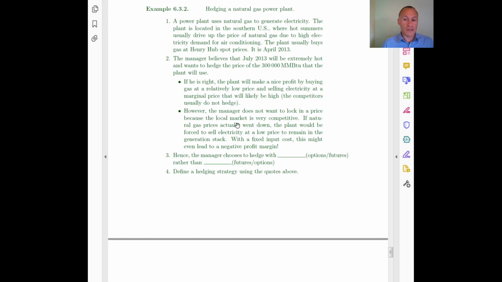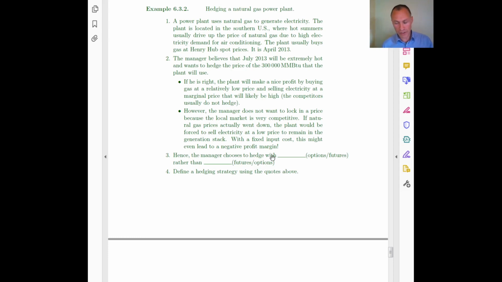So obviously, nothing is free in life, let alone in financial markets. So there is a cost here, obviously, right? And the cost is that to get this optionality, you have to pay a premium at the beginning. Okay, right? In the futures you don't pay anything to start, but in the option you do pay a premium to start. Okay, so think about the strategy you would use in this condition.